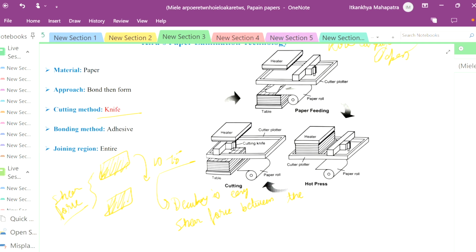Our aim is to decrease the shear force by tilting. The reason for tilting is to decrease the shear force between the two layers. Now, what will happen by decreasing the shear force with tilting? There is slippage of both the layers.